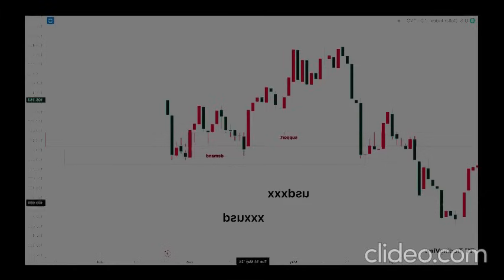I think by explaining that idea, it will be very simple for you guys to determine the use of DXY in your trading, guys.